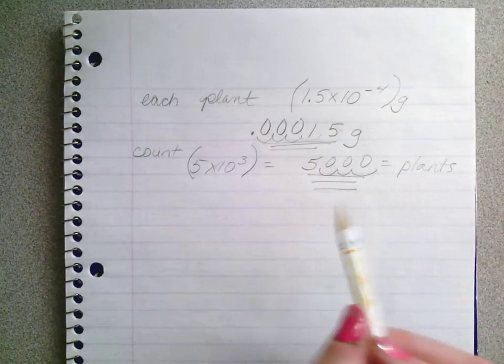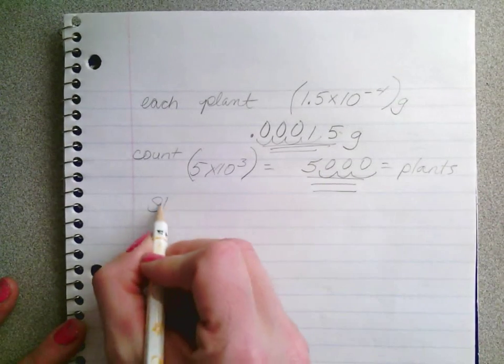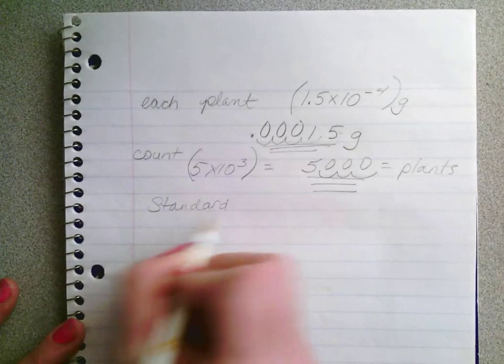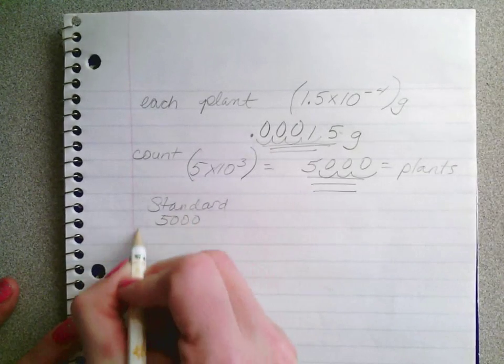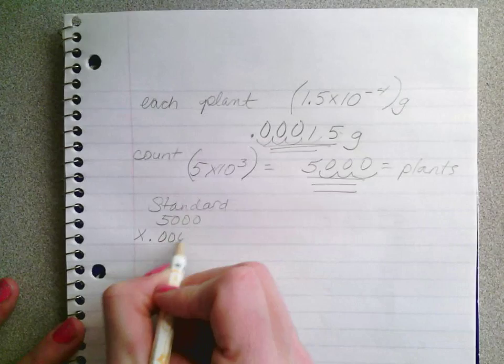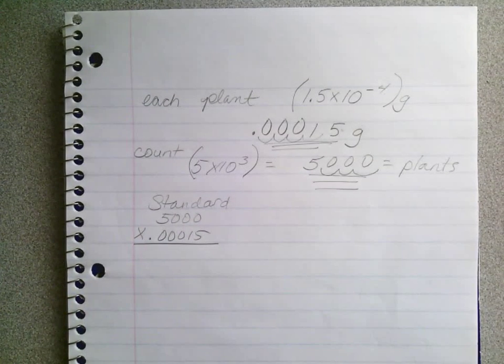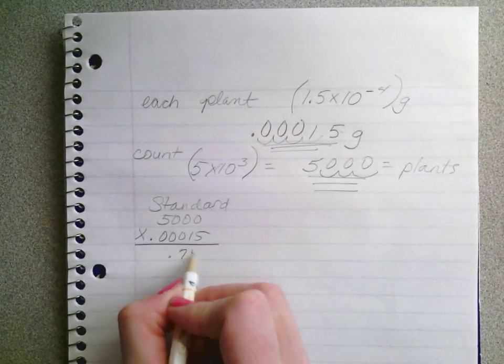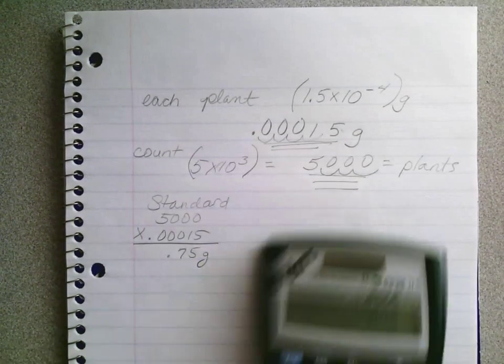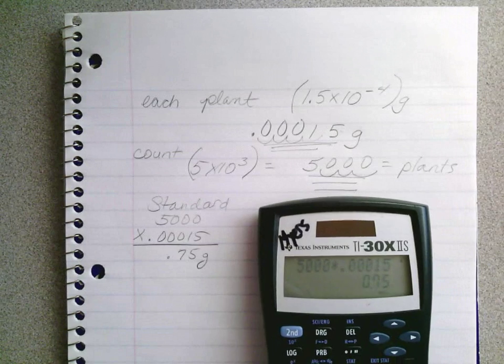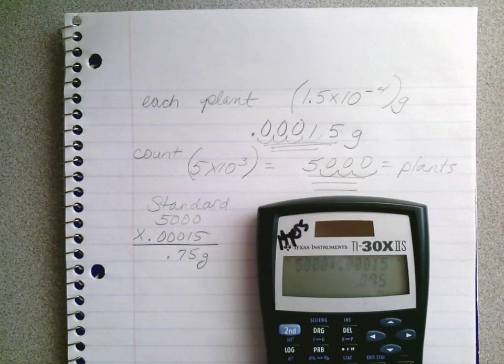Most of you would easily be able to do it with standard numbers. You would take 5,000 and multiply it by 0.00015, and in your calculator, you would end up with 0.75 hundredths of a gram, if you did it in standard form.